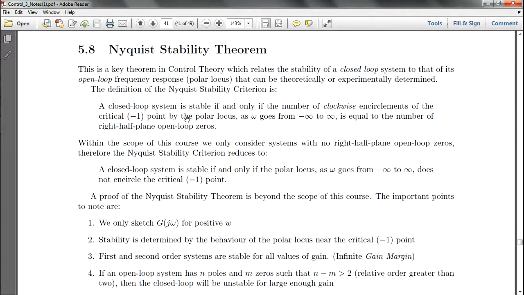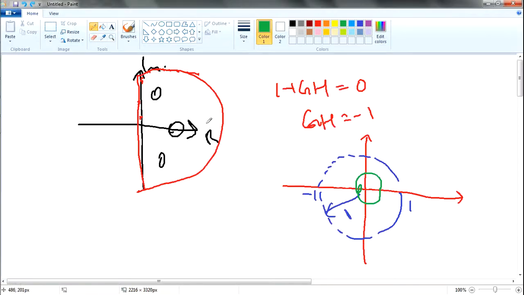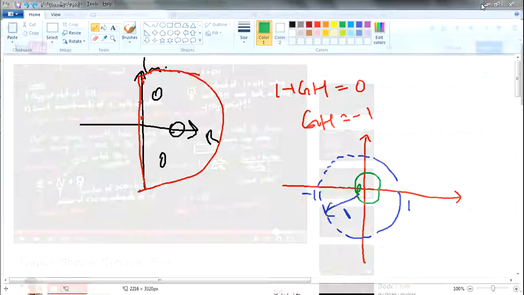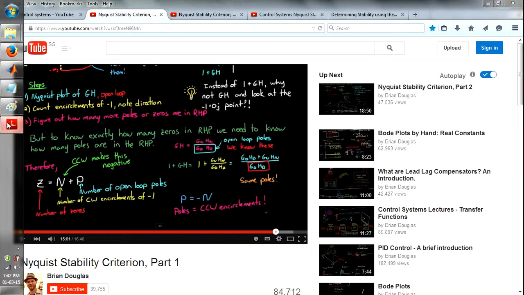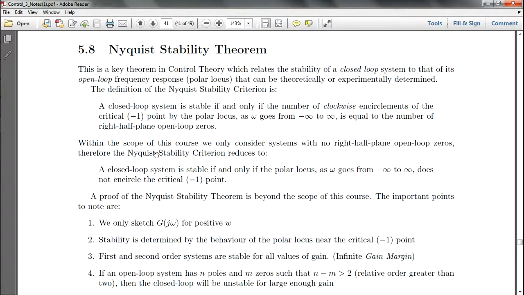This is what we are talking about: the Nyquist stability criterion. It says that the closed loop system is stable, and what I plotted over here is actually the closed loop system. If the number of encirclements around the negative 1 point equals the number of right half plane open loop zeros, it is stable.